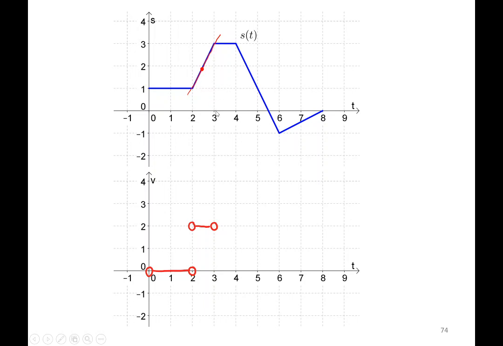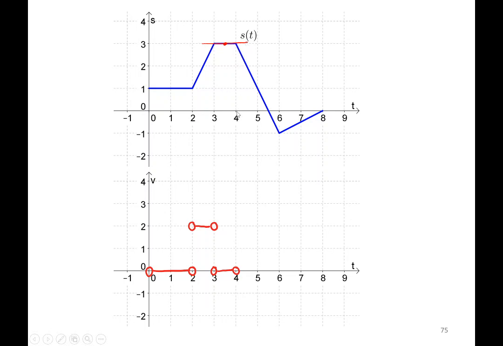All right, what about the velocity of the robot from t equals 3 to t equals 4? If you said 0, that's correct, because the robot's not moving, it's staying at position 3. Or you can also think the slope of the tangent line at any point on that part of the curve is 0. A horizontal line has slope 0.